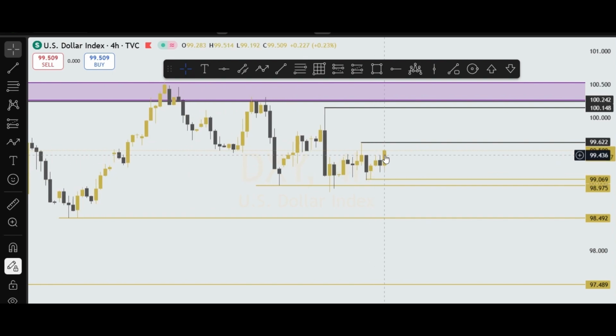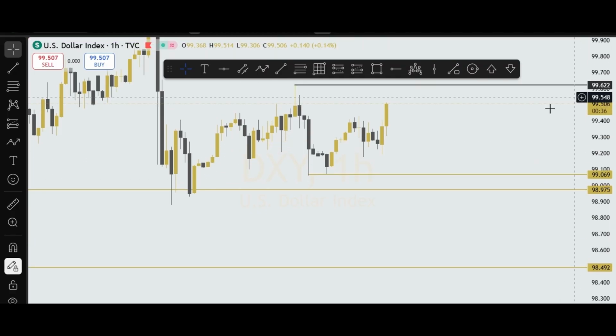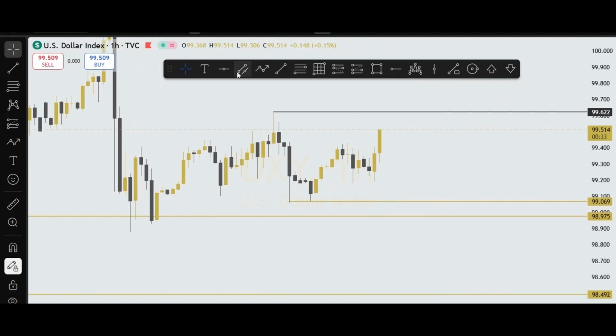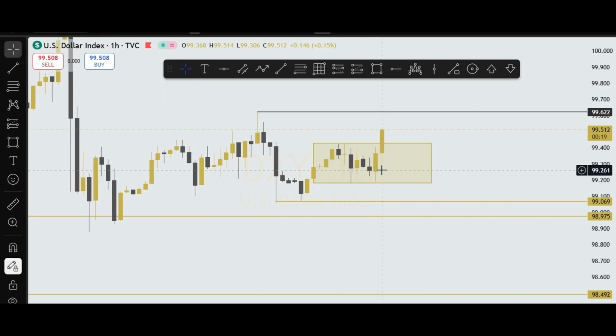This is where we can see that consolidation, making it hard for us to have a clear direction. But with this next bullish movement, it might indicate that gold might start dropping. So let's go to gold. With gold, there hasn't been much change compared to yesterday.